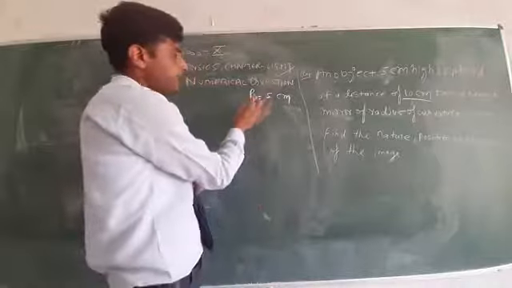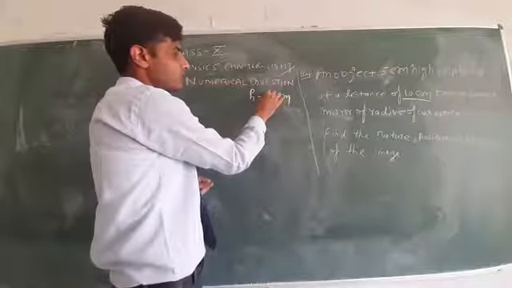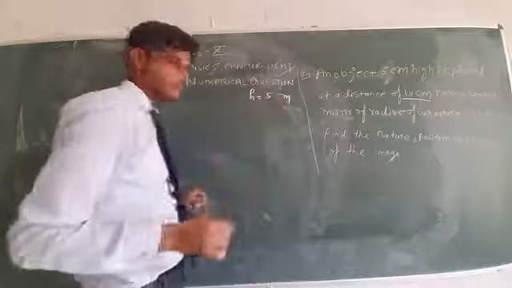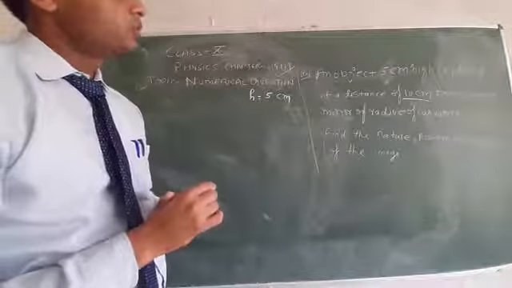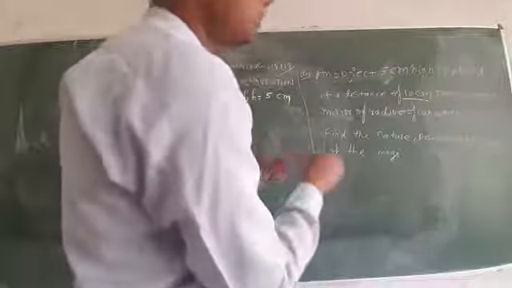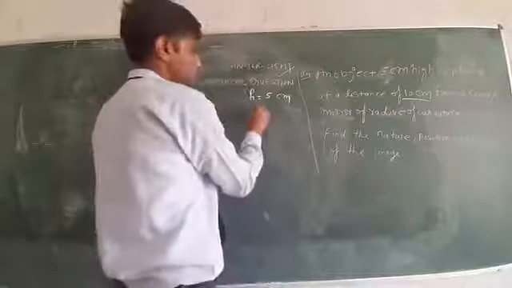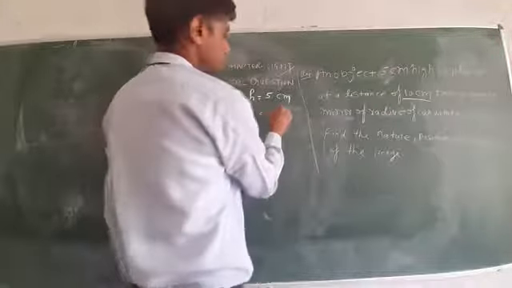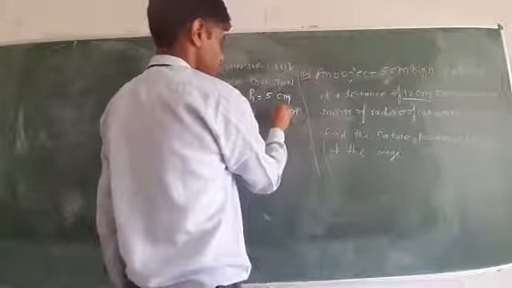It means h is positive. The value of h is positive. And the distance of object is 10 centimeter from the convex mirror, it means u equal to 10 centimeter.